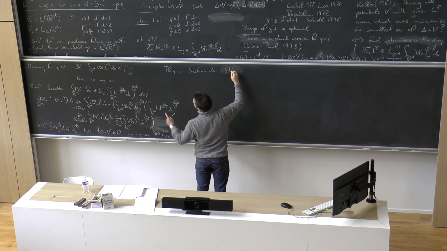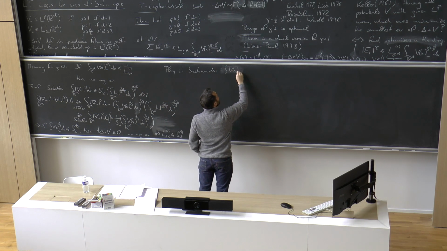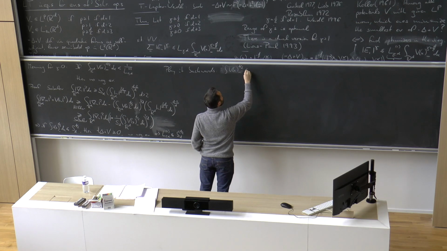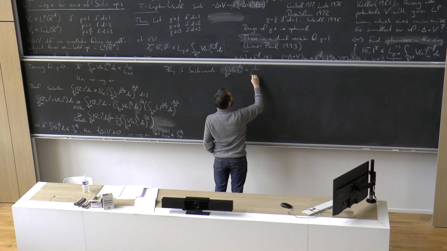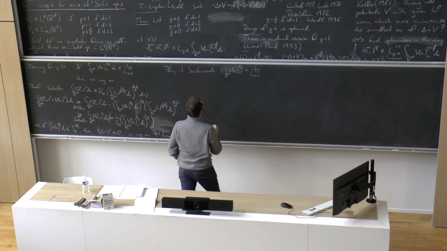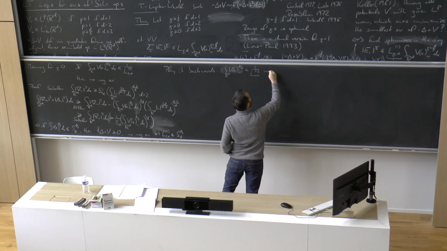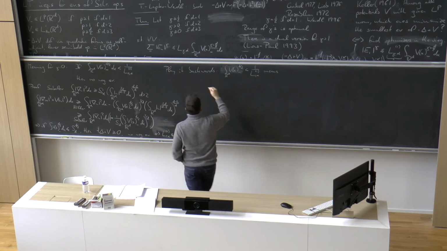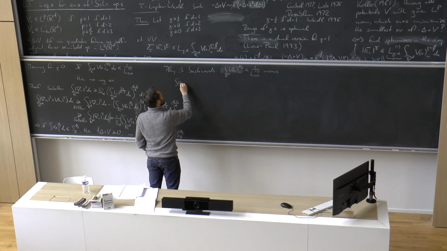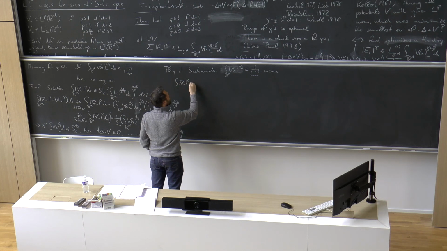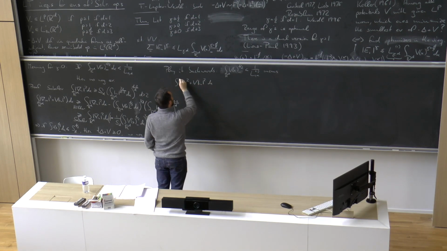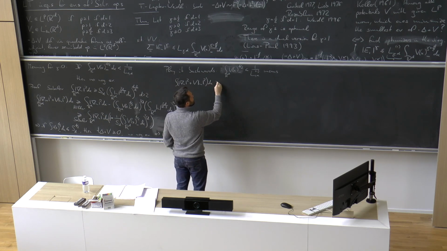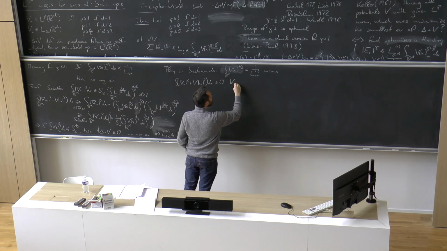So if the integral of V(x) minus to the d/2 is less than 1/L_{0,d}, that means that this thing here is greater or equal than 0 for every u.